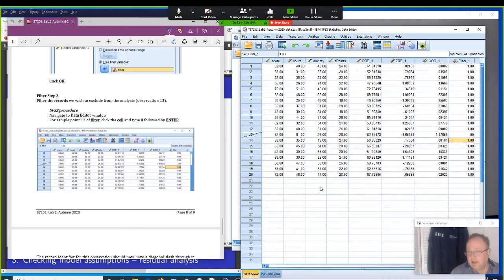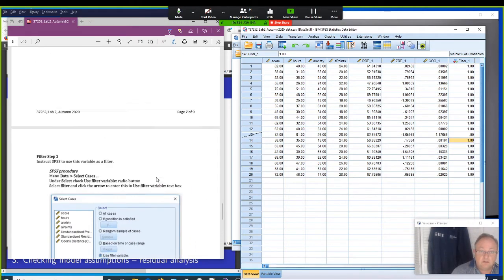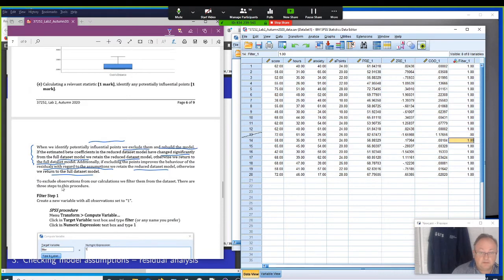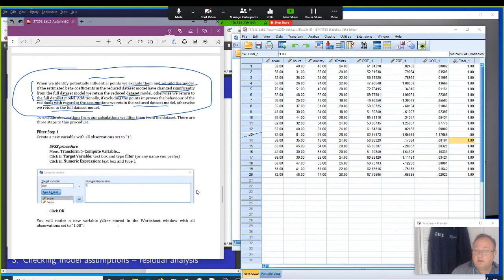That's saying that we are not going to include data point 13 because it's got the filter variable 0, not 1. If we rebuild the model now and look at our betas, because that's where we're headed, we're going to see if there's any change. This is a very important strategic intent as far as your residuals and errors go.